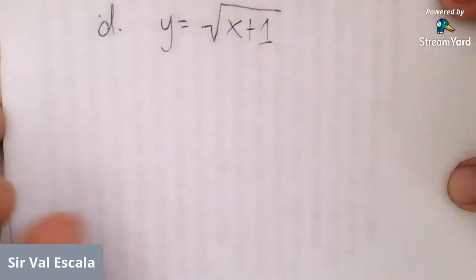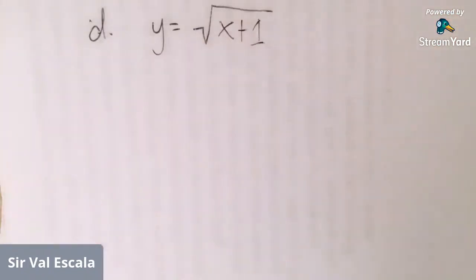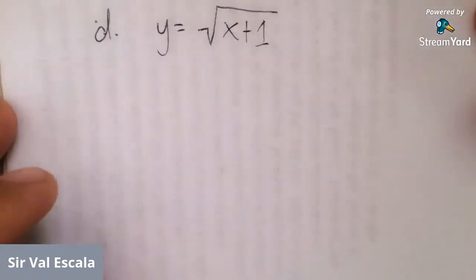Y equals the square root of x plus 1. Sir, dun sa nabanggit, bakit hindi po natin makikita dyan si quadratic function, si linear function? So, count as pa rin ba siyang not a function or a function? So, titingnan natin. So, paano natin malalaman kung ang isang yung may radicals is a function? So, try natin siyang i-convert.